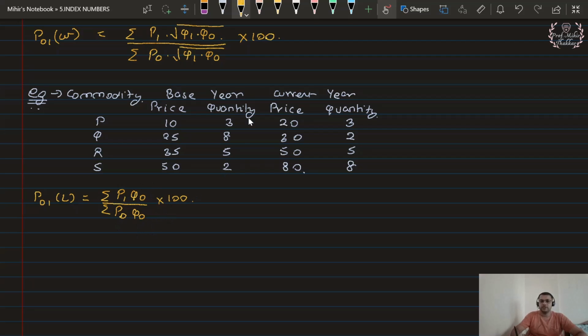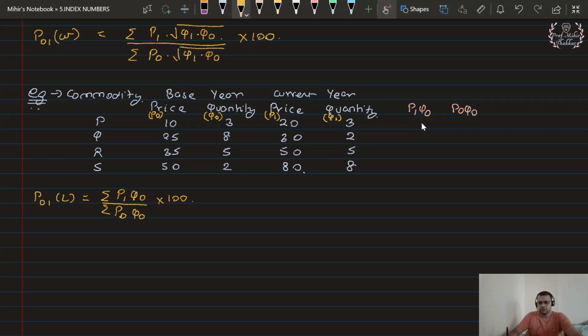Now in order to calculate this value, I will make two additional columns, P1 into Q0 and P0 into Q0. For your understanding, you can make a note in your notebook that these are the prices and the quantities of the base year, so these are my P0 Q0 values, and these are my P1 and Q1 values.